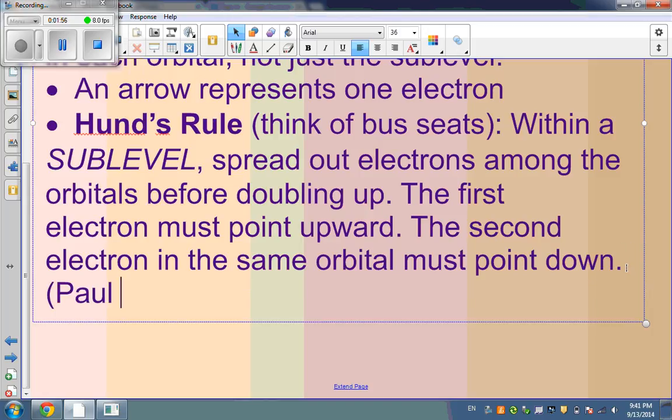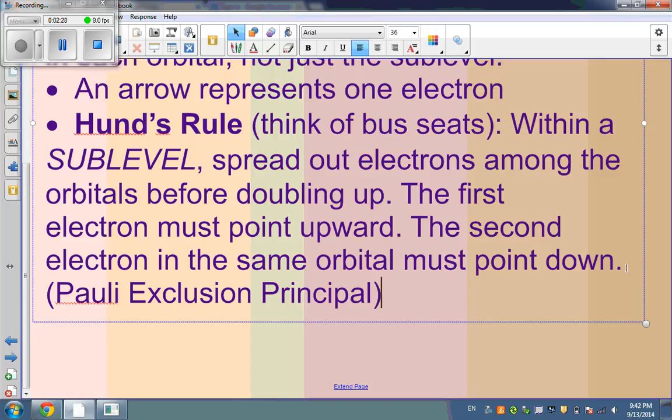And the Pauli exclusion principle is the idea that no 2 electrons can have the exact same 4 quantum numbers. And there's a whole separate video and a guided note sheet about quantum numbers. But the idea here is if your 2 electrons are in the same principal energy level, the same sublevel, and the same orbital, that's 3 of the quantum numbers, and they're all going to match.